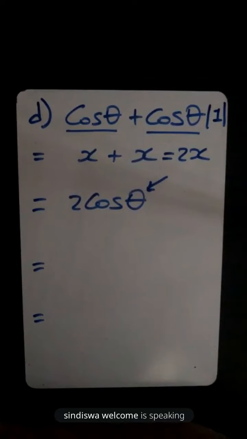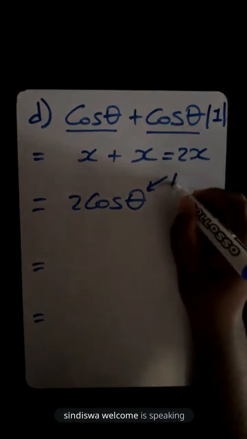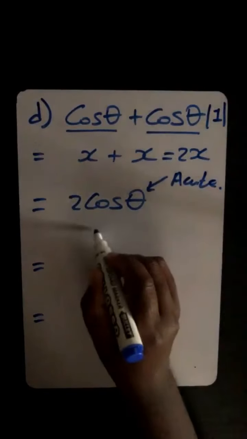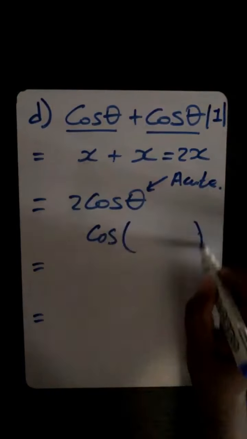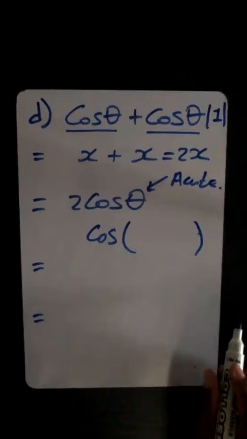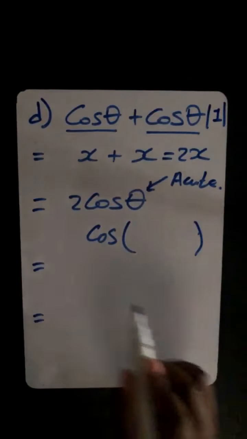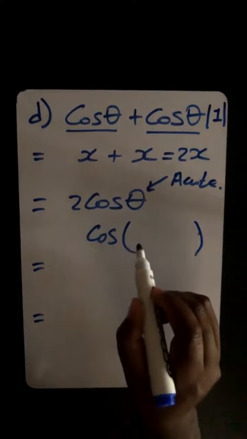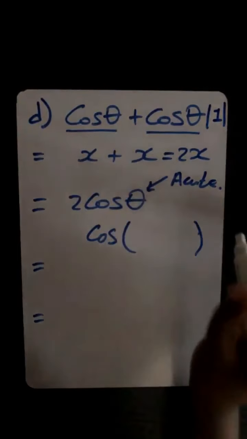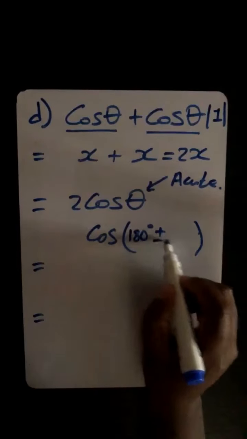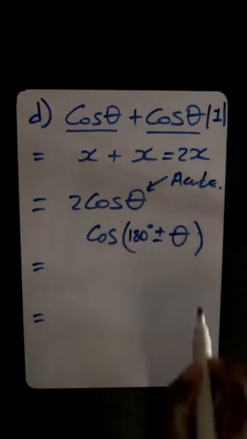It's an acute angle. This is an acute angle, which means you cannot say cos and open brackets, guys, because already this is an acute angle. If it's not an acute angle, that's when they say 180 degrees, maybe plus or minus whatever angle.